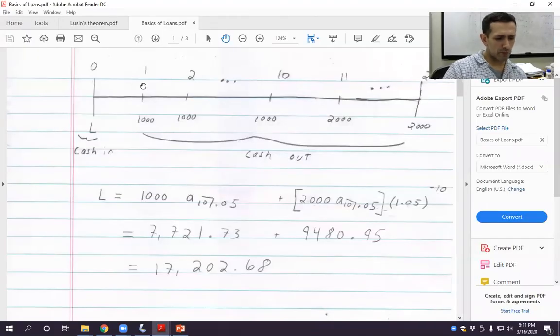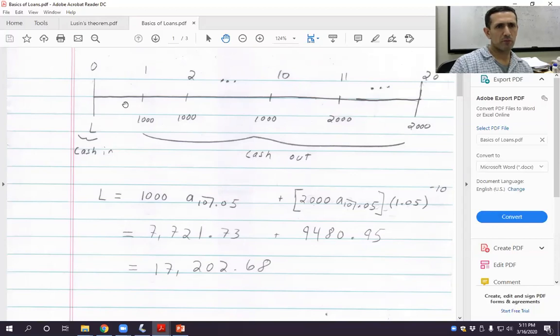So the problem is you take out a loan of L, and you pay it back in 20 installments. At the end of each year, for the first 10 years, it's $1,000, and at the end of each year, for the next 10 years, it's $2,000. How much is L?